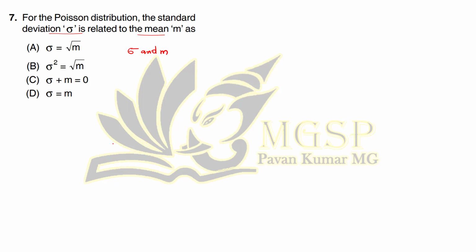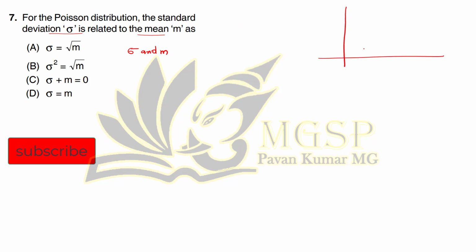The Poisson distribution tells about how many times an event is likely to occur. Suppose I consider a graph of this sort.